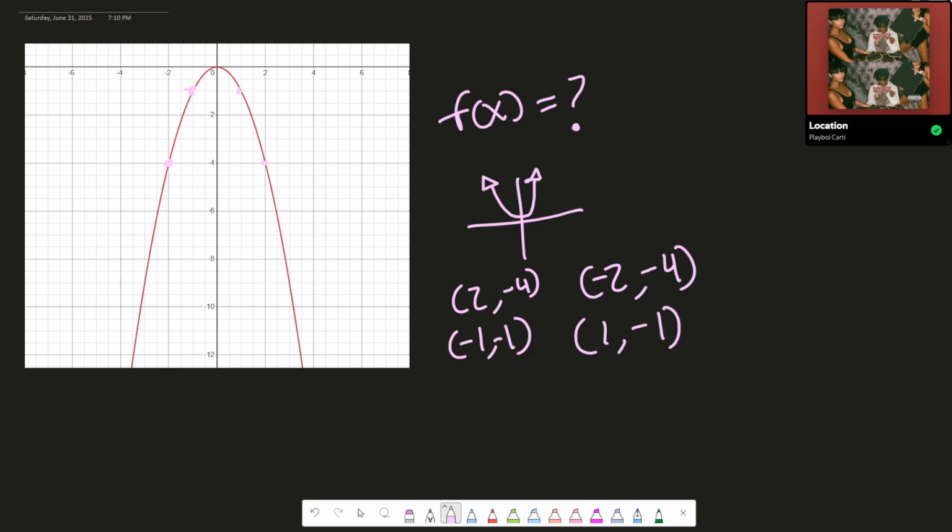And if these points look familiar, they should be. The only difference is that the outputs have a negative sign, meaning that they're all flipped. And this change of an original function, being the quadratic function, is what we call a transformation.